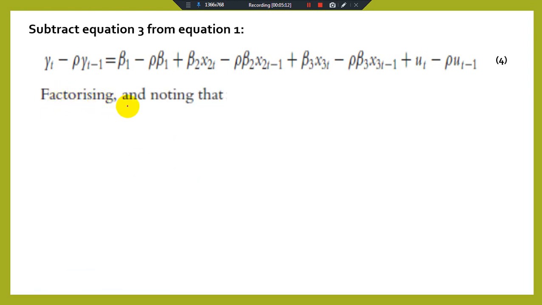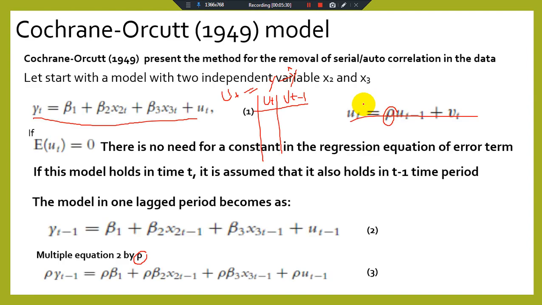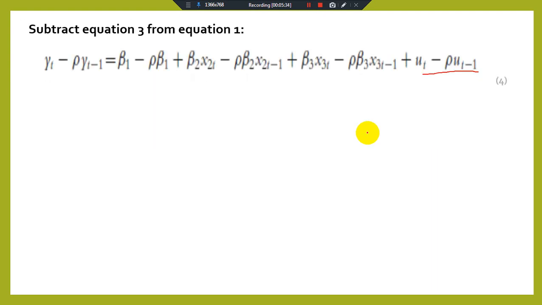Now factorizing and noting that, suppose this part of the error is equal to Vt, which is equal to ut minus rho ut minus 1. So this is actually the case which we have here. I have highlighted it, this is the case.